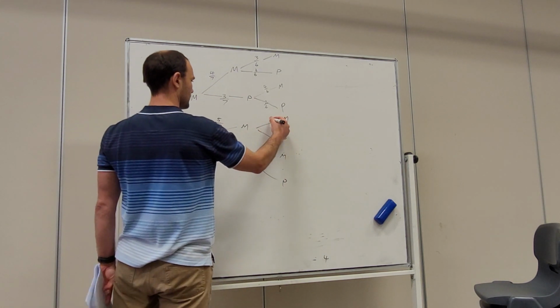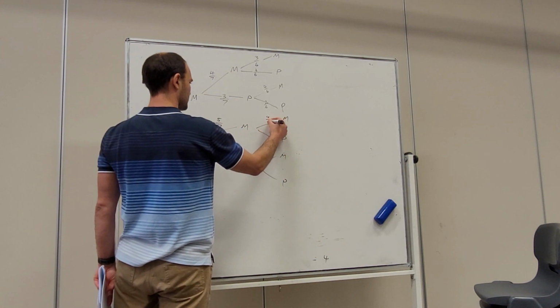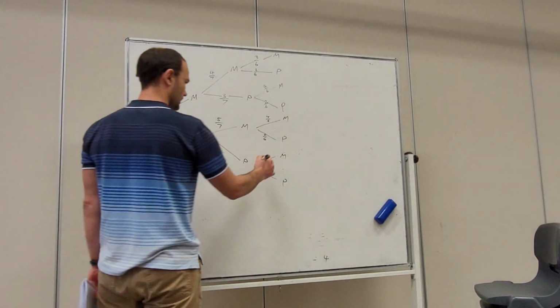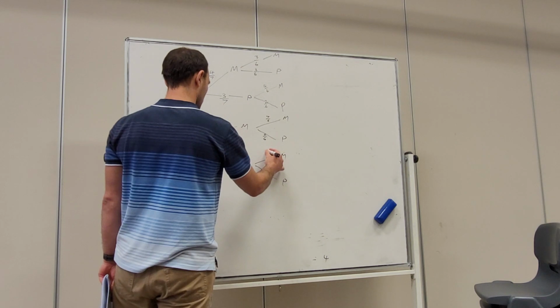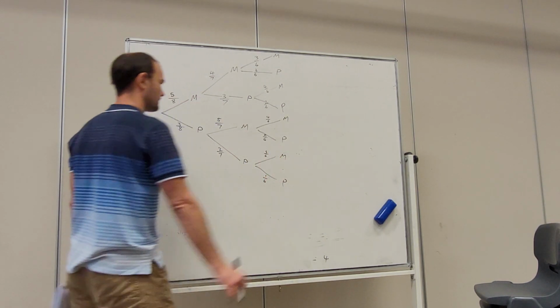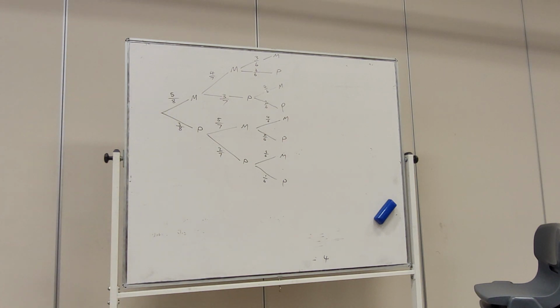So that's going to be 4 out of 6, and that will be 2 out of 6. This will be 5 out of 6, this will be 1 out of 6. Okay, so that is our tree diagram.